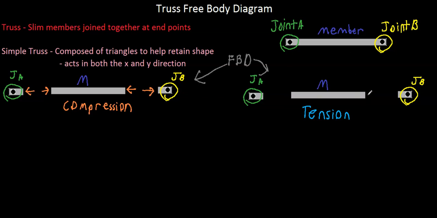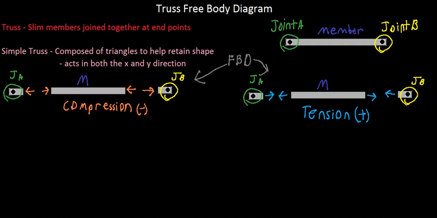Likewise, this member under tension would be pulled apart because it's acting like a rope under tension, which means there'd be an equal and opposite force acting on the joints, pulling them inward towards each other. Because tension and compression are inherently opposite to each other, one has to be positive and one has to be negative. The general rule of thumb is tension is positive and compression is negative.